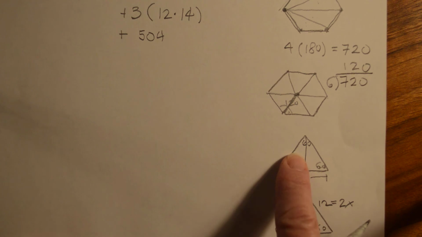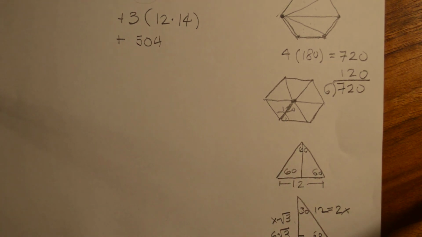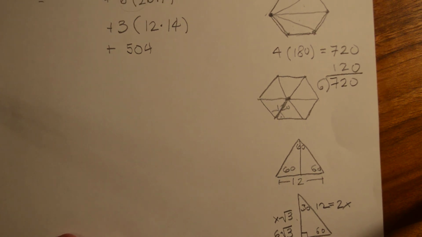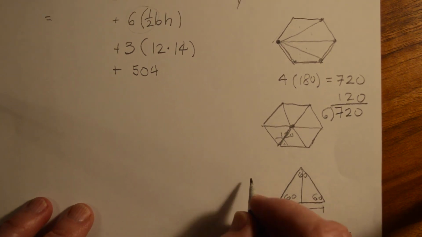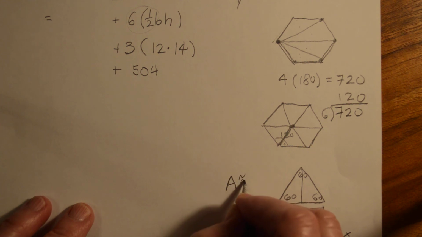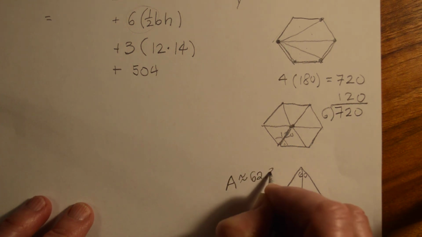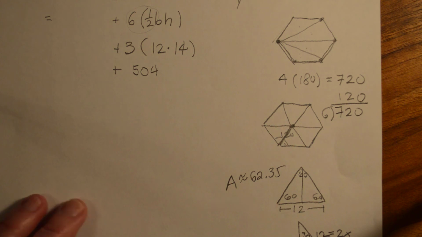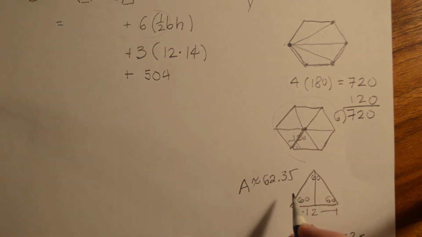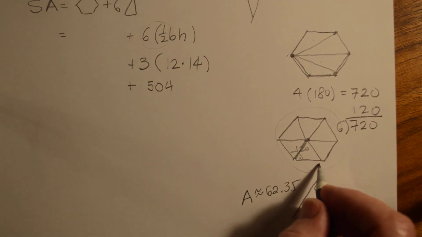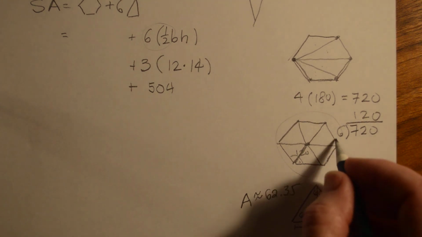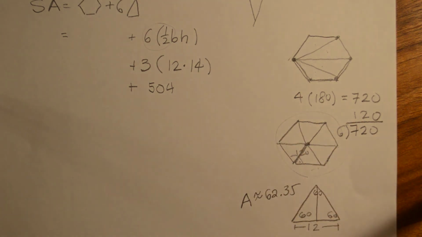To find the area of this, I'm going to double it. On my calculator, I'm just going to say times 2, and it will automatically double that number with 8 decimal places after it. So the area of this is approximately 62.35. And then the area of the hexagon is going to be 6 times that, 1 for each of the triangles that we formed in there.